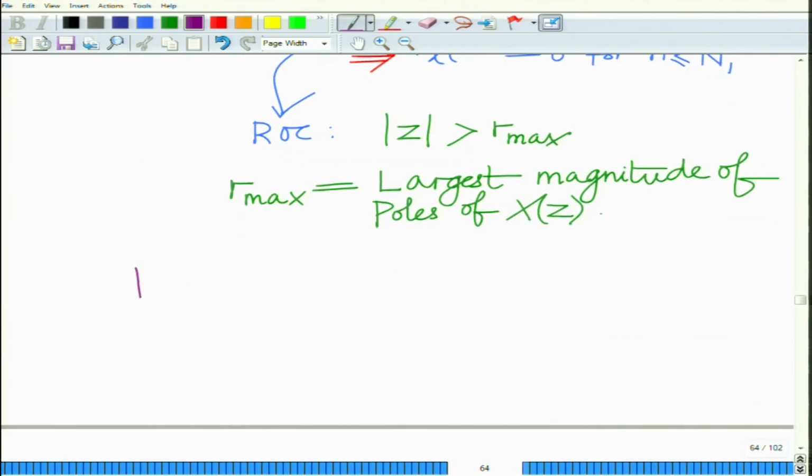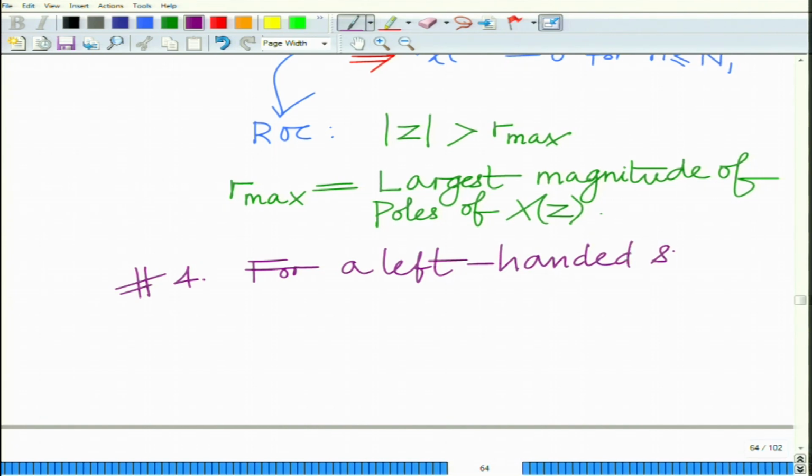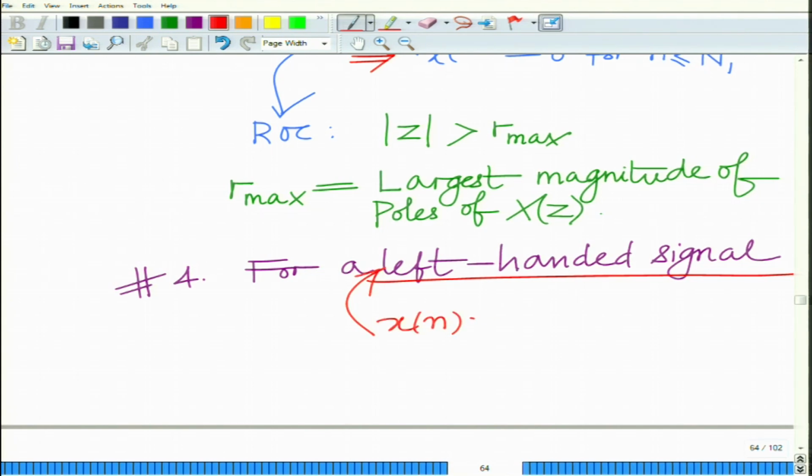Now, similarly for a left handed signal. What is a left handed signal? Once again, a left handed signal is one where there exists an n2 such that x[n] equals 0 for n greater than or equal to n2.